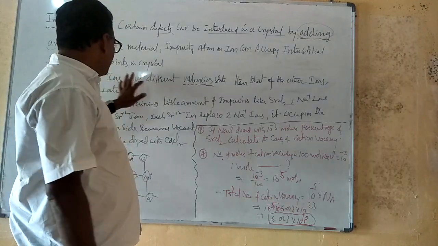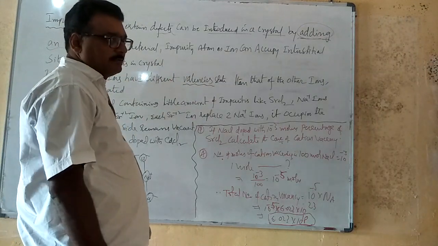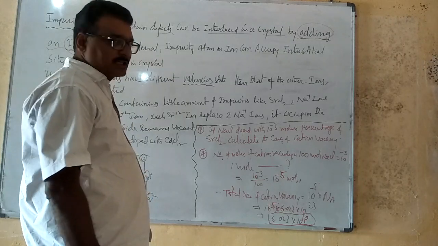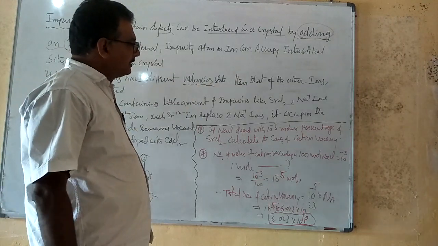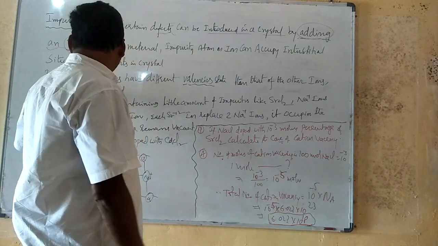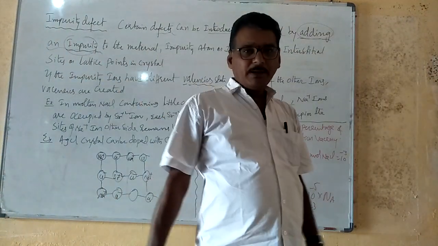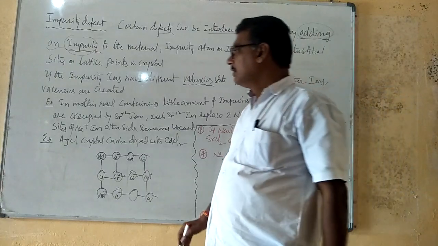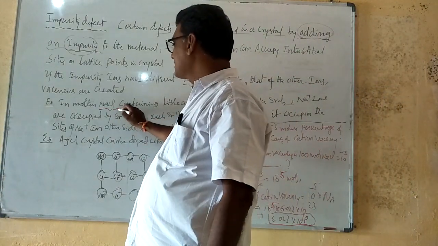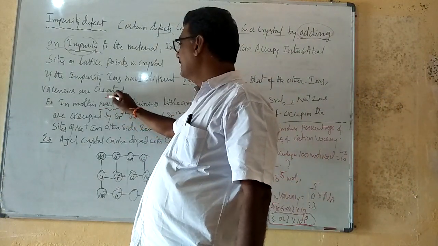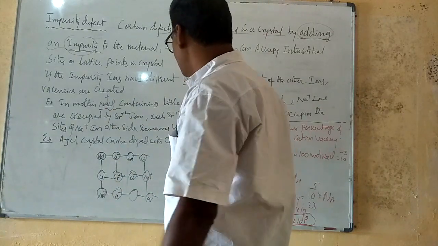If the impurity ions have a different oxidation state or valency than the other ions, vacancies are created. For example, I am taking molten NaCl. Here Na has a plus charge.